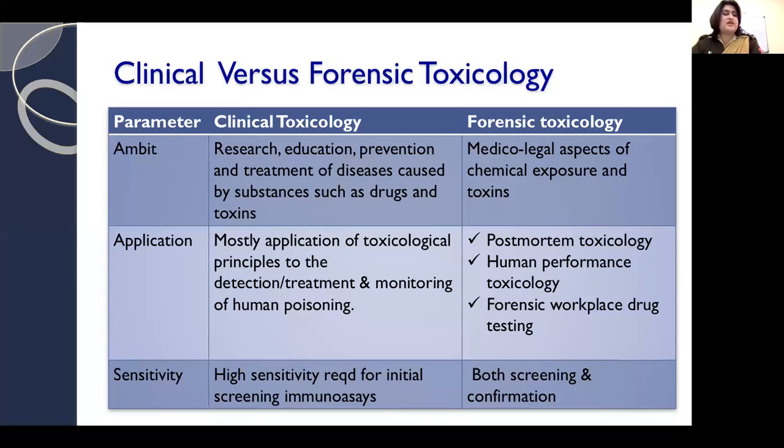The ambit of clinical toxicology is basically the research, education, prevention, and treatment of diseases that are caused by substances such as drugs, poisons, etc. Hence, it mostly applies toxicological principles for the detection, treatment, and, very important, the monitoring of human poisoning, because this is the aspect we don't take care of.